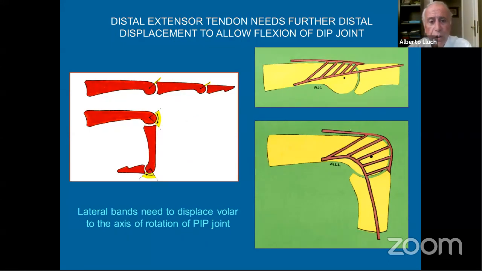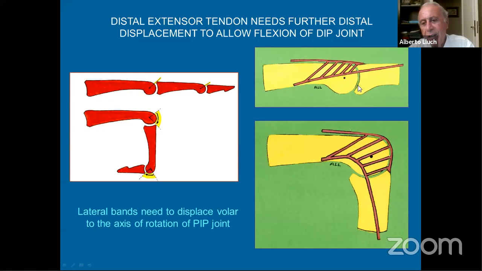It's very important to understand that the distal extensor tendon, which is here, the one that extends the DIP joint, needs further displacement. I didn't say it right. The extensor tendon needs further displacement here at the dorsum of the PIP joint in order to allow simultaneous flexion of the DIP joint. And how is this accomplished?